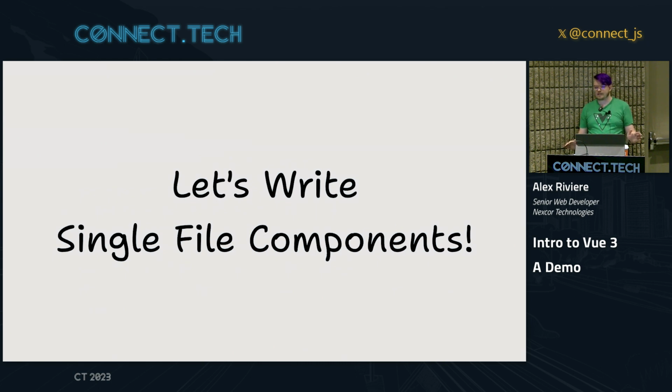So now we're going to move on to single file components. So far we've been working in an HTML file, but y'all are here because we're talking about front-end frameworks, so y'all probably have a build step. You're probably looking like, okay, how do I get Vue into a build step? How do I do this? Now, I'm not going to cover how to create a Vue project.